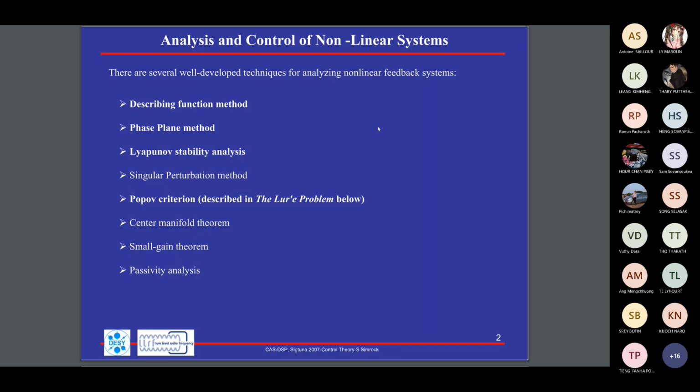The analysis and control methods differ based on what kind of nonlinearity. But in general, they ask you about measuring functions, about what kind of method I can use to analyze a nonlinear system. You can go through this slide. This is the kind of method that can be used to analyze a nonlinear system. Okay, reach to this point. Do you have any questions?